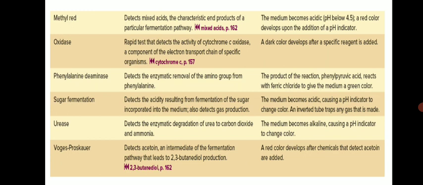Then the urease production test and the Voges-Proskauer test are there. All these tests are important for collection of biochemical data and physiological properties of microbes, and we get various clues after performing them.